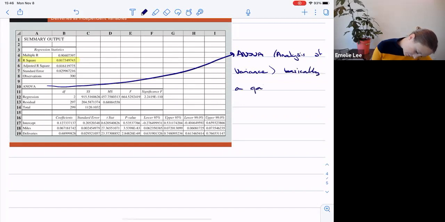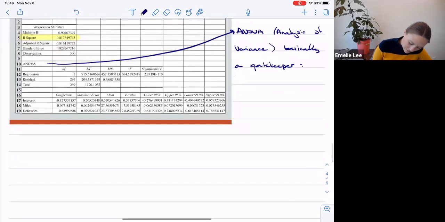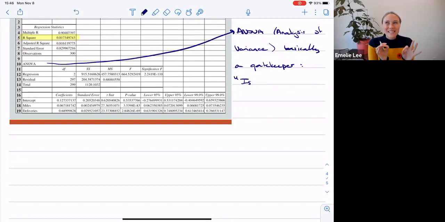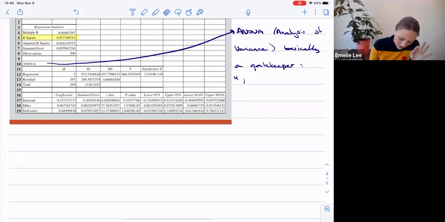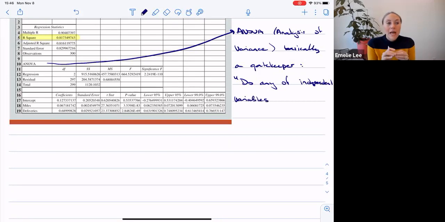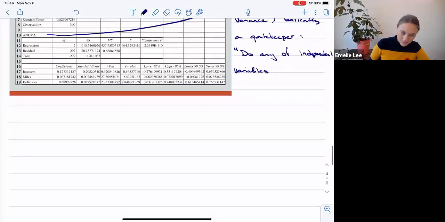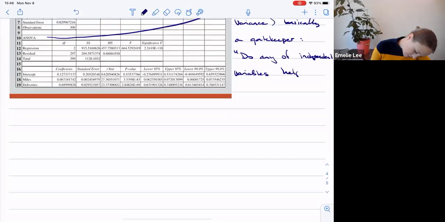Do any of the independent variables help in predicting Y?